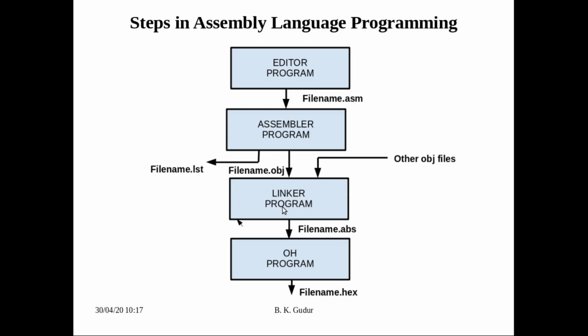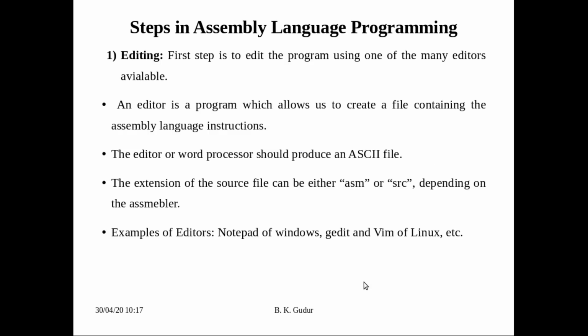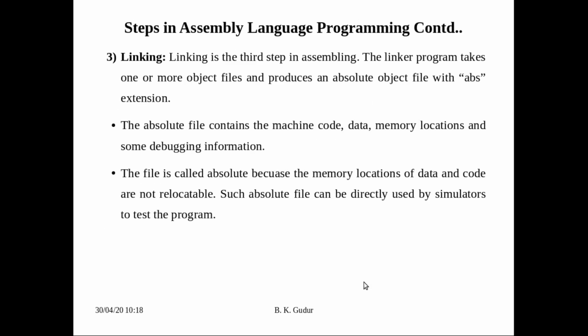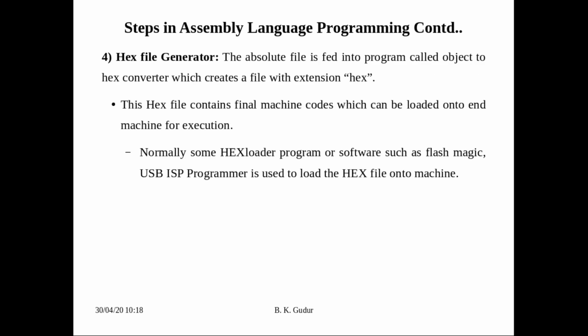If we want to upload the machine codes onto a target machine, then we require this OH program, which will convert an absolute file to machine codes in terms of hex codes. So these are the steps that will be followed in assembly level programming.